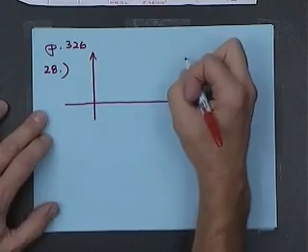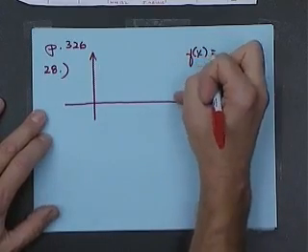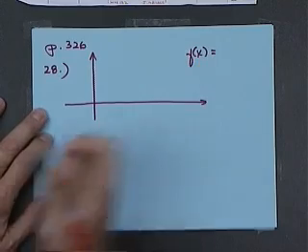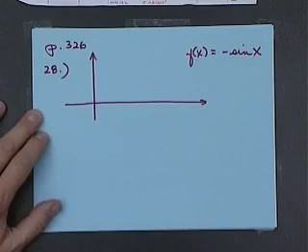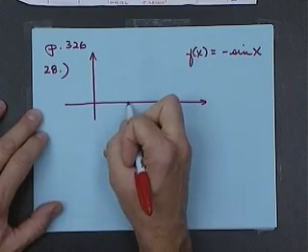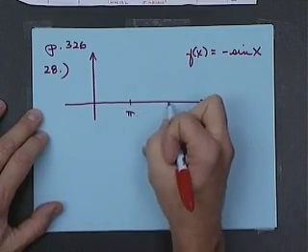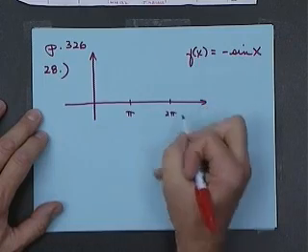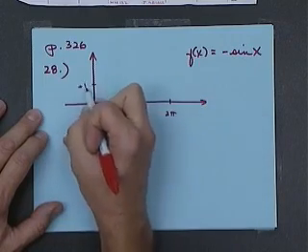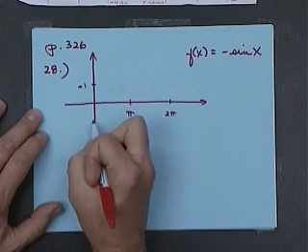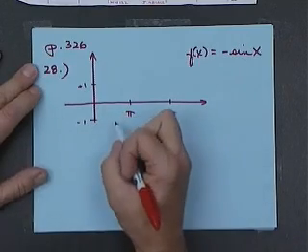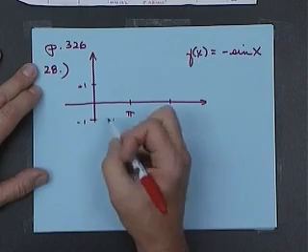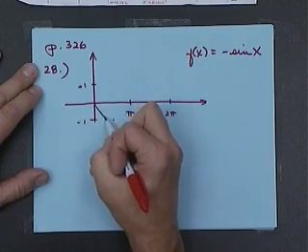All right, so the function is negative sine of x. So negative sine of x starts with the negative branch first.